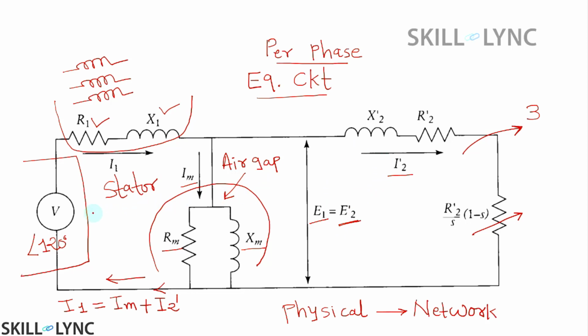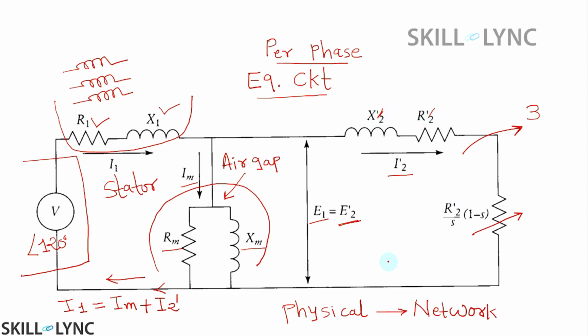The voltage V is applied, and after the drop in R1 and X1, the remaining voltage appears across the rotor, which is called E2 dash. According to this voltage, the I2 dash current flows through these parameters. Now what is the reason for the dash notation?